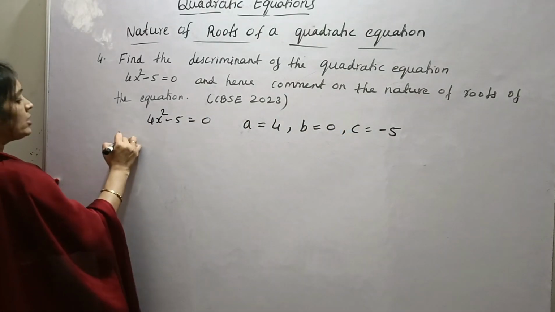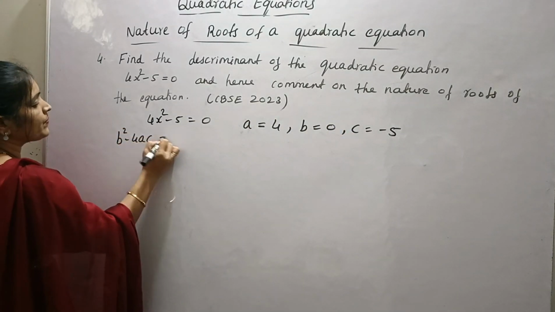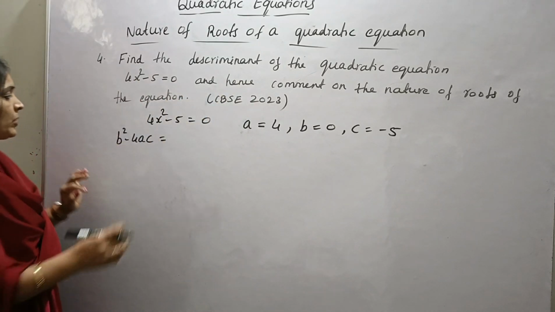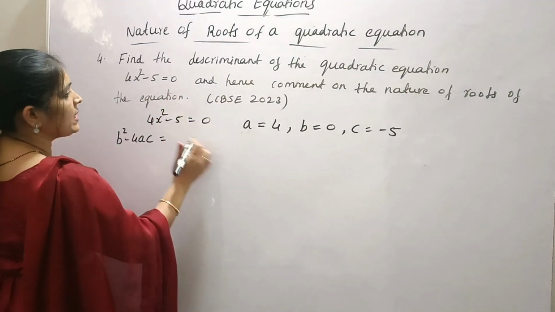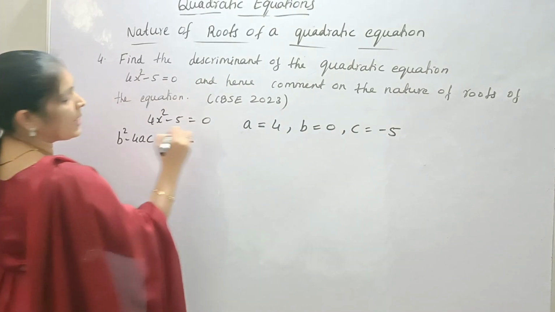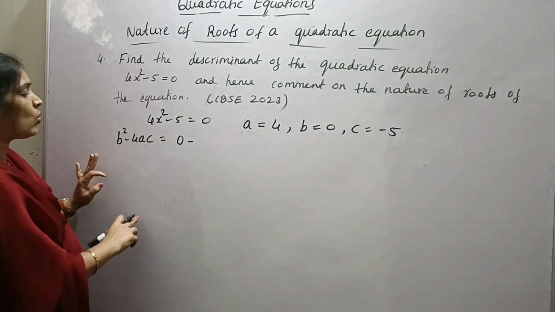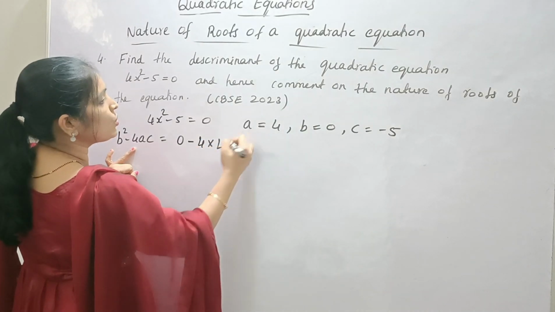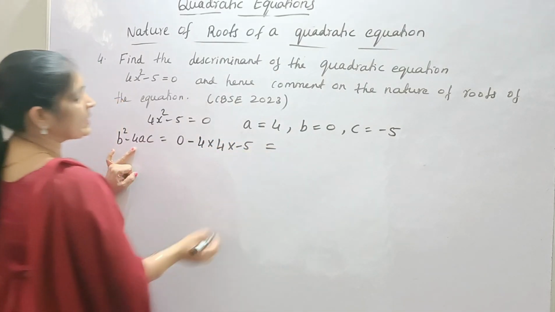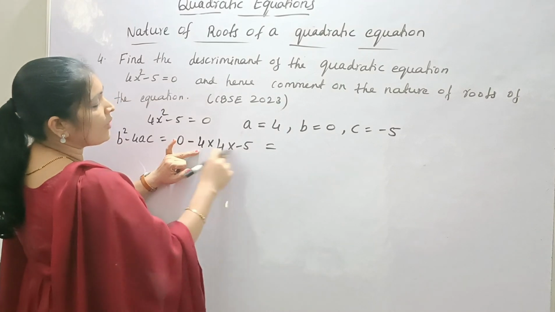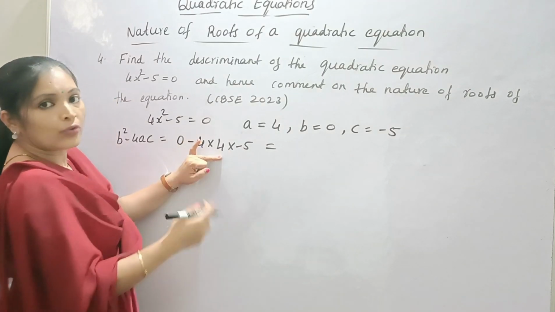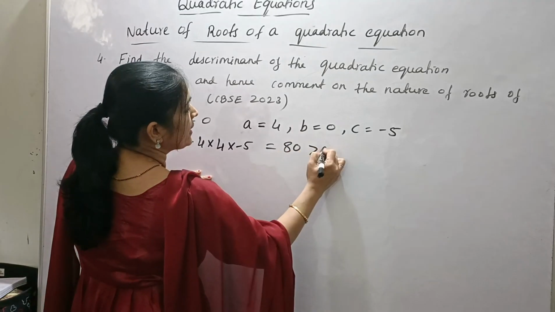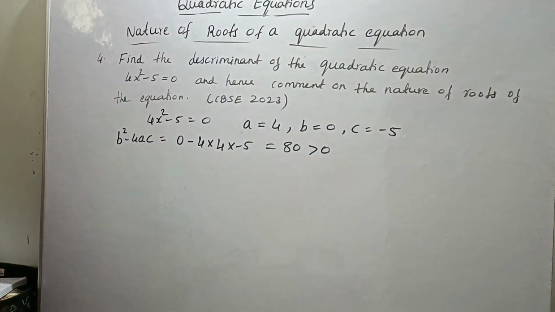Okay. Now let's find b square minus 4ac to find the nature of roots of the given equation. b square minus 4ac is 0 square, 0 minus 4 into a is 4 into c is minus 5. That is equal to 4 into 5, 20, 20 into 4, that is 80, minus minus plus. So 80, that is greater than 0. Right?